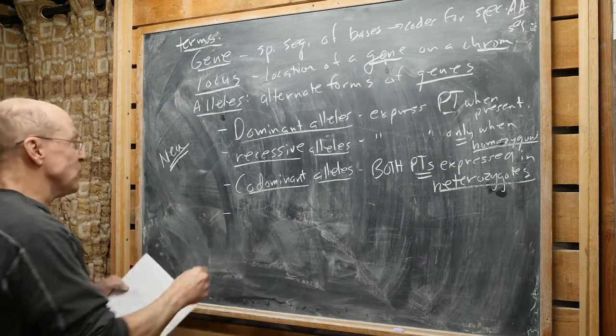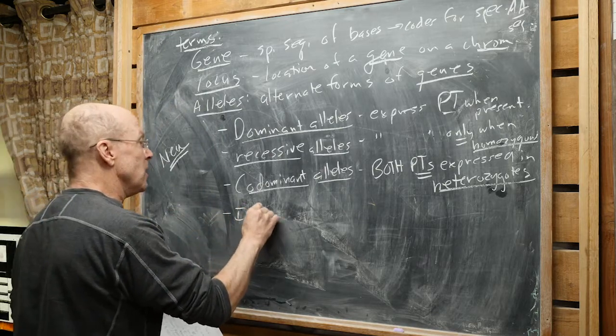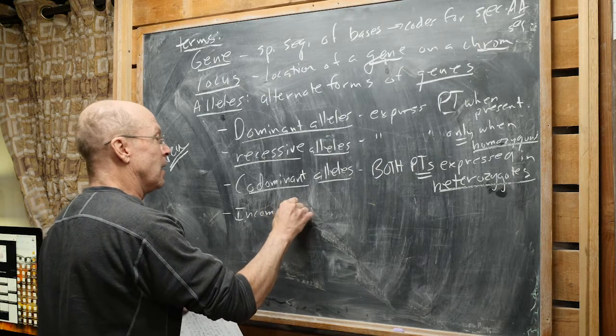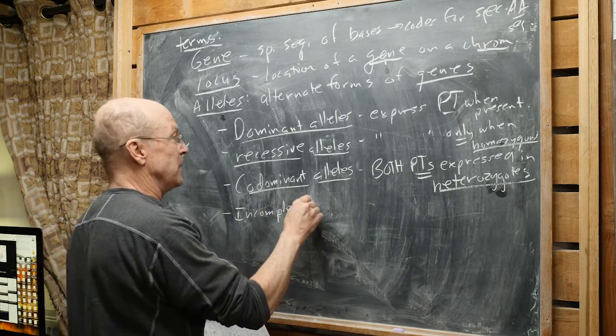And then the next one is incomplete dominant alleles.